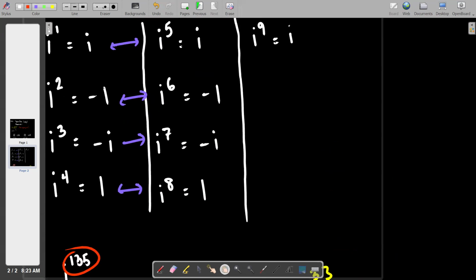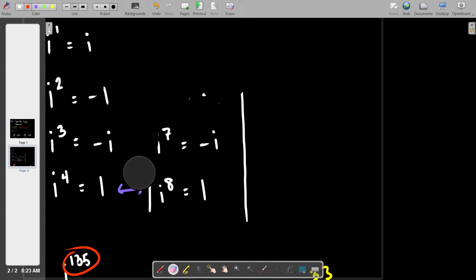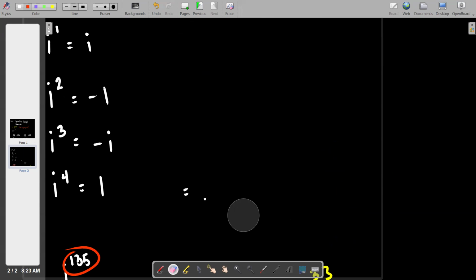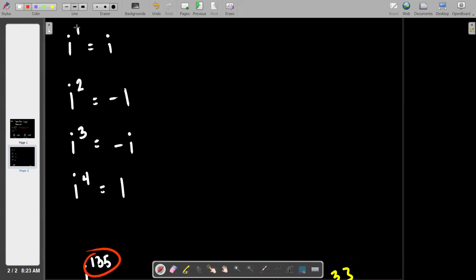So I'm going to get rid of a whole bunch of my work up here. I don't need all this. You would all agree that if you took this number, the one I just circled in red up there at the top, and divided it by 4, that 1 divided by 4 is 0 with a remainder of 1.